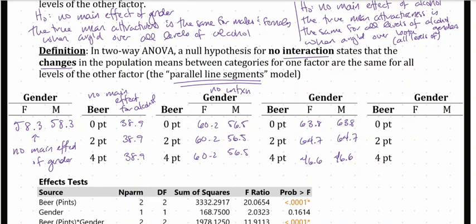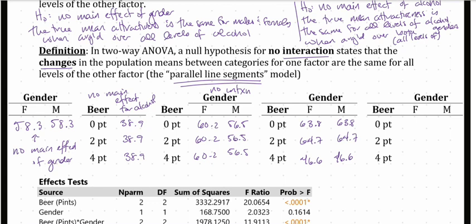But if you're male, you see the exact same change. So when you hold a fixed level of one factor, in this case gender, the change in the other factor, beer, is the same. And so using our sample means, if there were no interaction, we would have the same average changes in the response for beer when we look at either males or females.